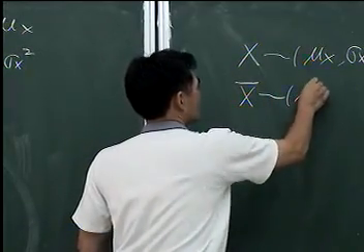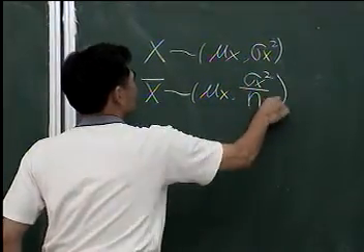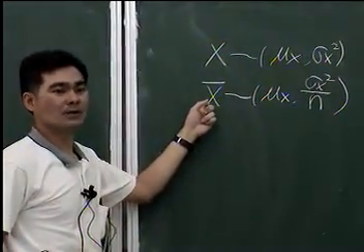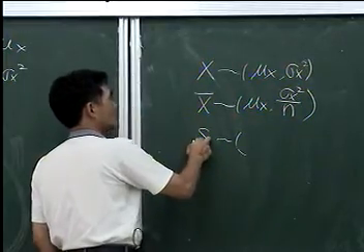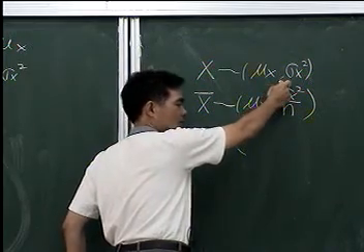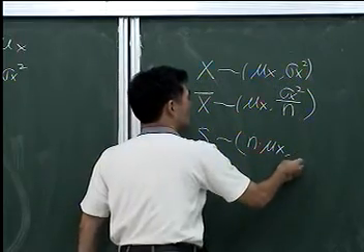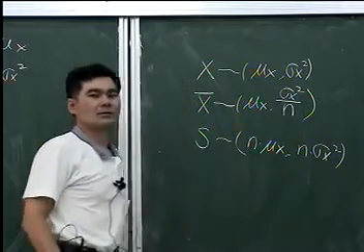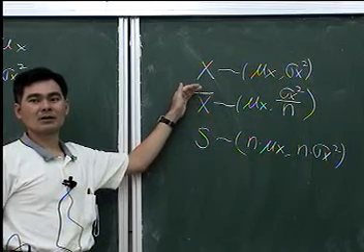It should be mu X and sigma X squared over n. This is the sample mean. And then we have the sample sum. If X has a mean of mu X and variance sigma X squared, then S should be n times mu X and n times sigma X squared. Any questions so far? You should remember all these, okay? It will be on the test.